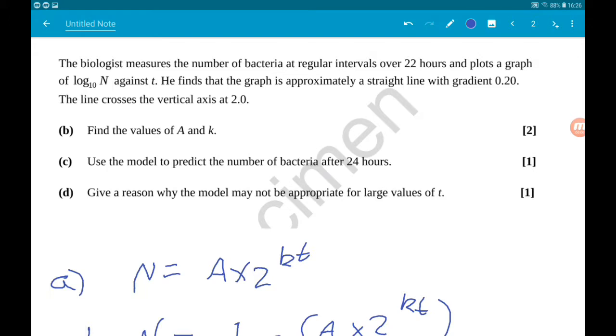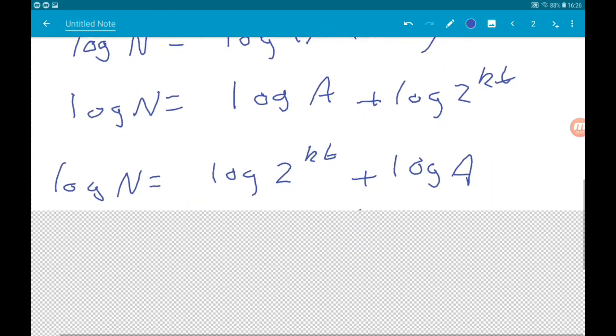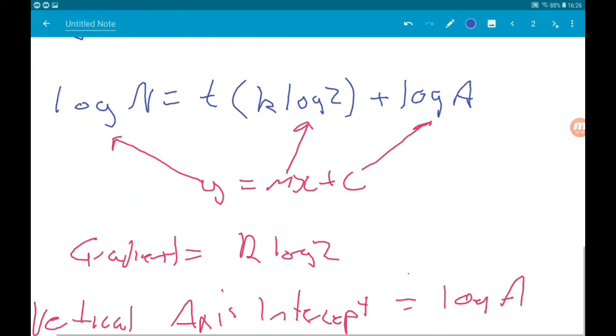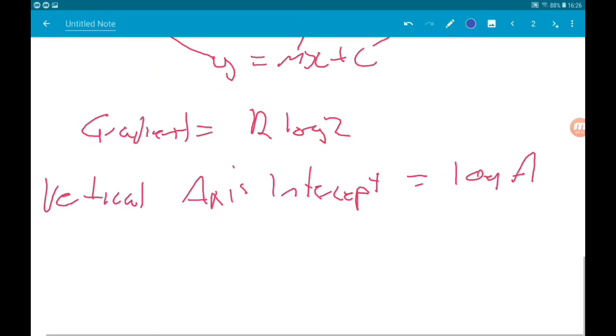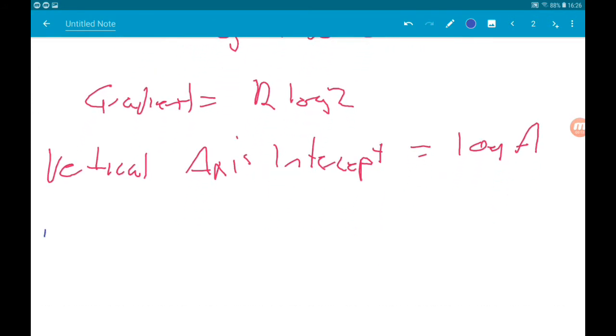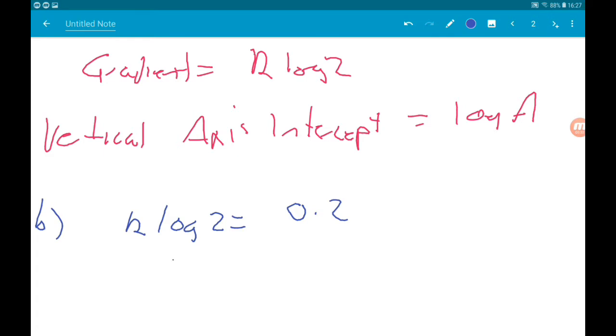Okay, so he has found the gradient to be 0.2. We have found the gradient to be k log 2. So we know then that k log 2 is equal to 0.2. So k is 0.2 divided by log 2.